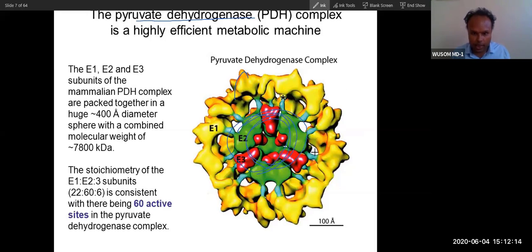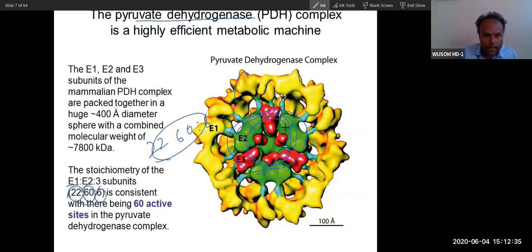So this PDH looks very similar to the structure of the sun. E1 has about 22 proteins, E2 has about 60 proteins inside this, and E3 has 6 proteins. So this is a big complex. That is why you can see it through an electron microscope. The diameter is huge, about 400 nanometers.